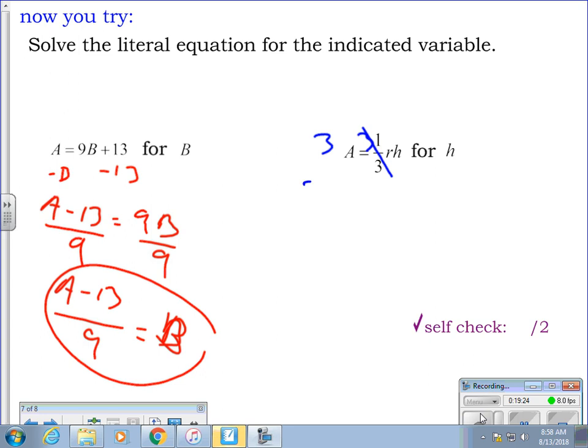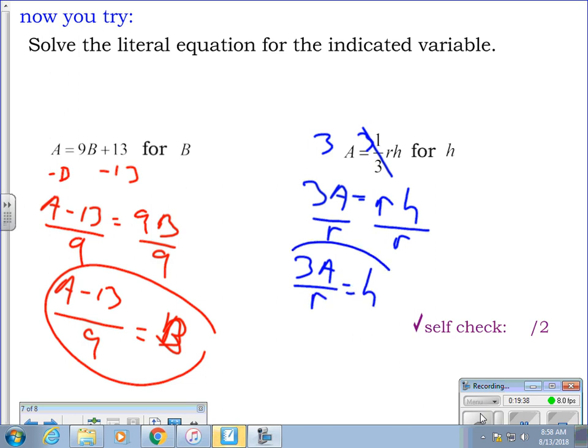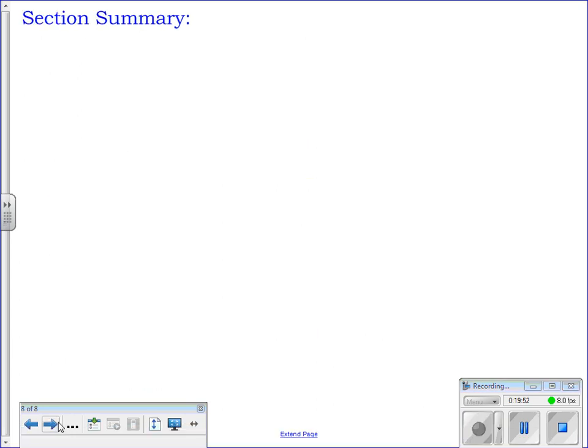Those cancel. 3a equals rh. And I want to get h by itself, so I divide both sides by r. 3a over r equals h. So you understand when we divided by r, right? Any questions? So I believe that's it.